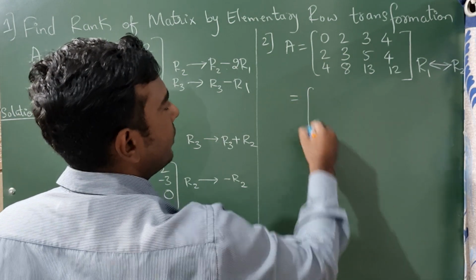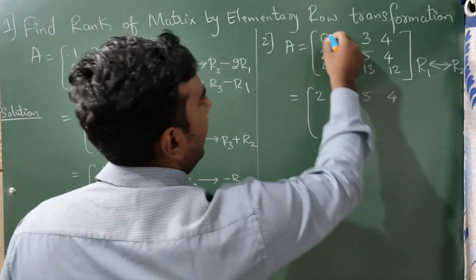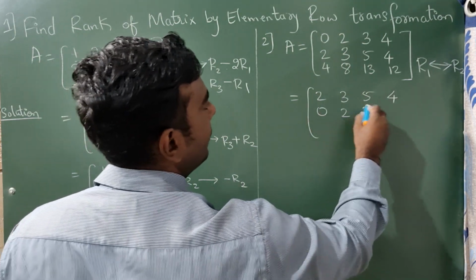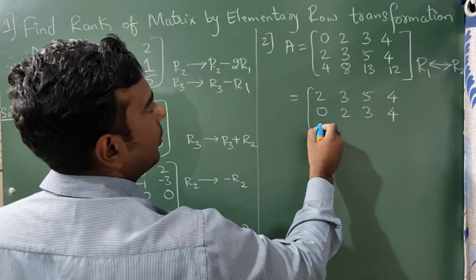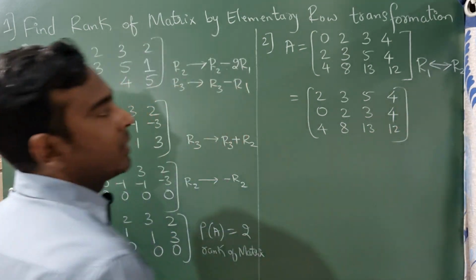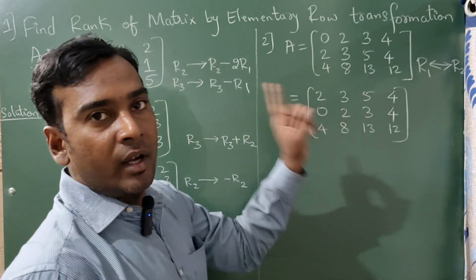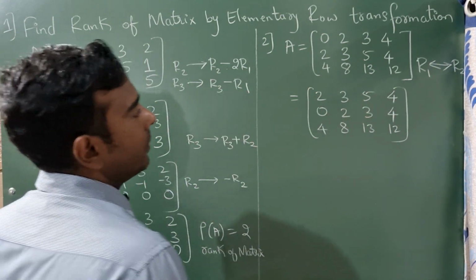So R2 will go to R1 and R1 will shift to R2. Because the 0 should be below the non-zero, as I have told you in the definition.